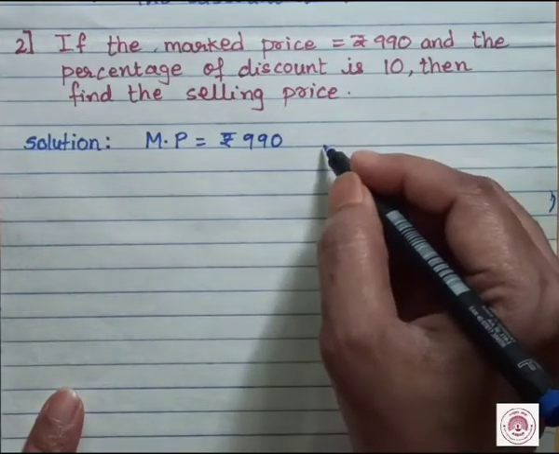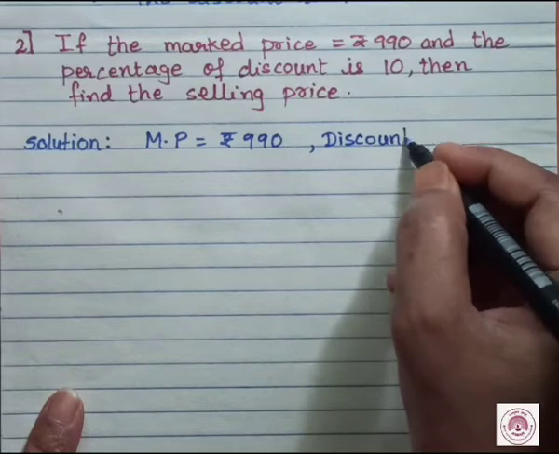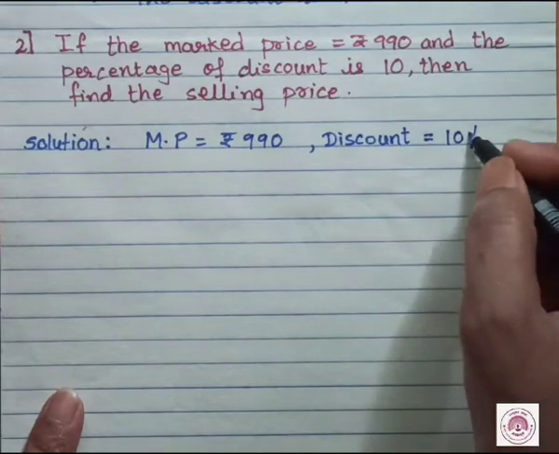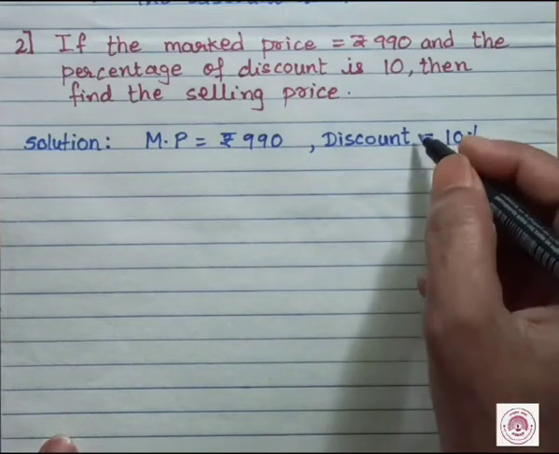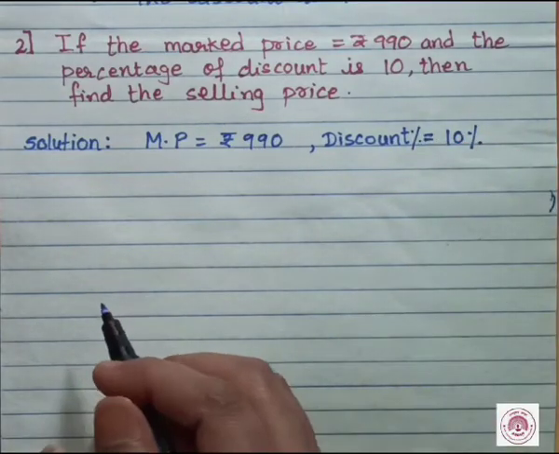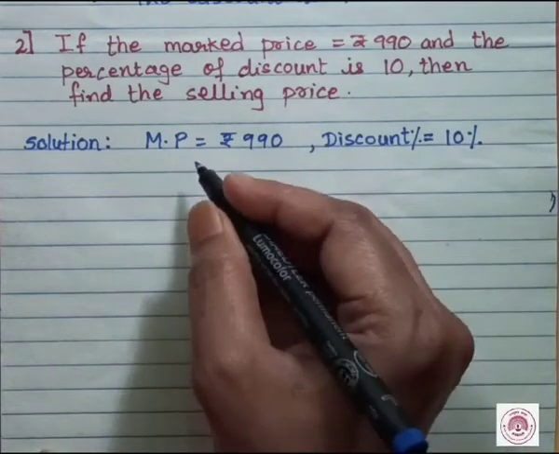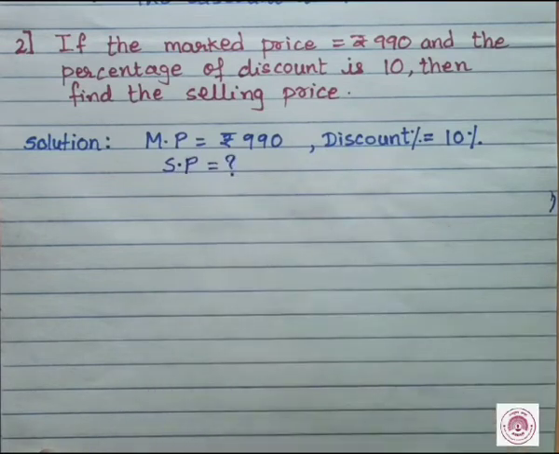That means discount percent is given. Okay, so discount percent is 10%. Now what we have to find then? Find the selling price. So here we are asked to find the selling price.